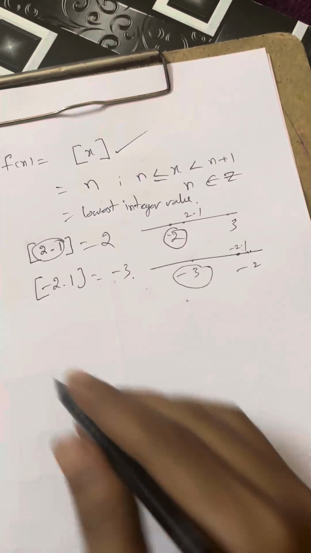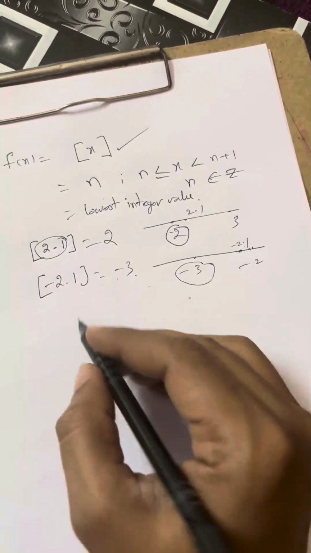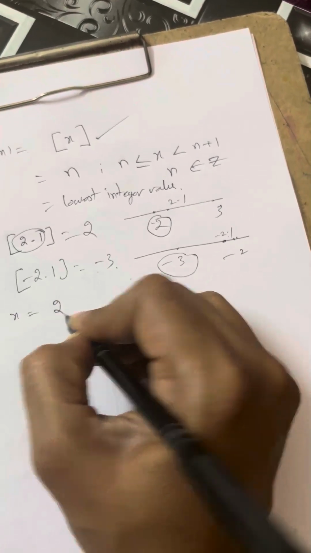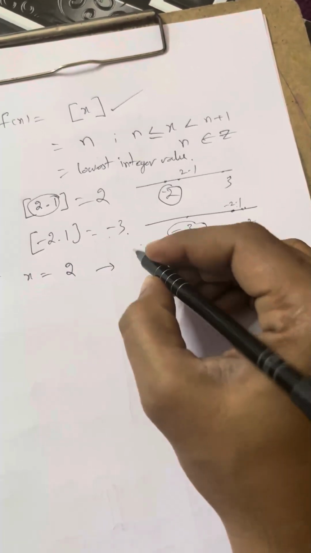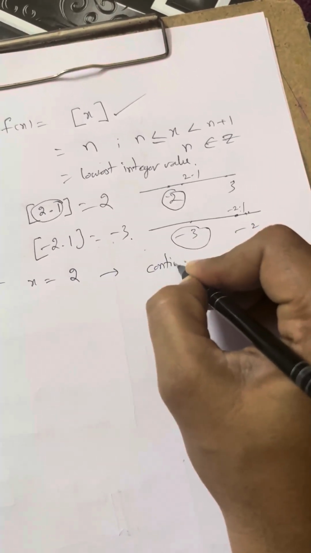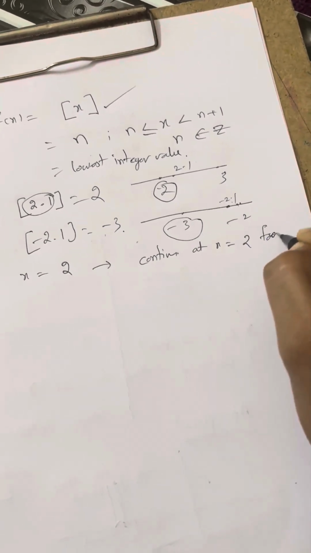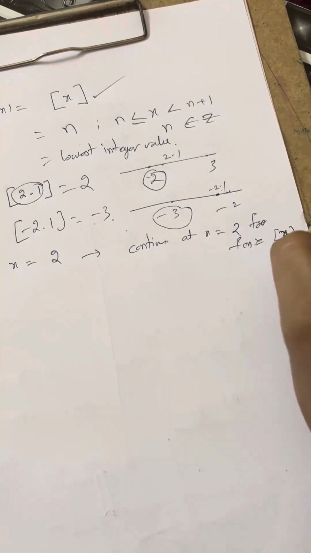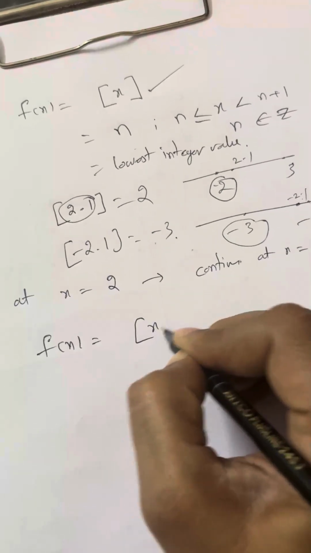Now, let's check continuity at the point x is equal to 2 for the function f of x is equal to step x.